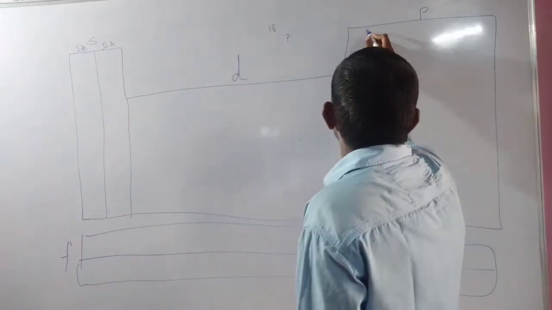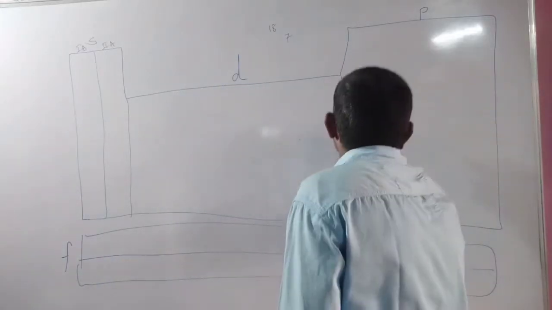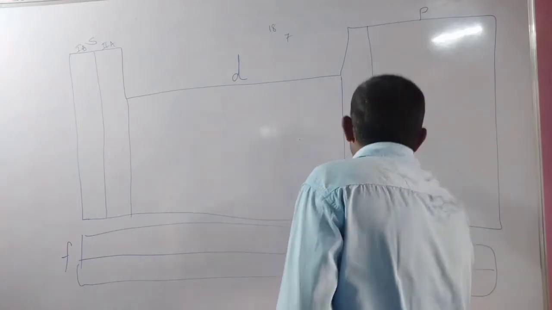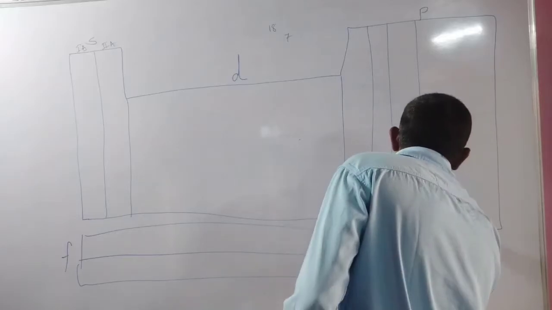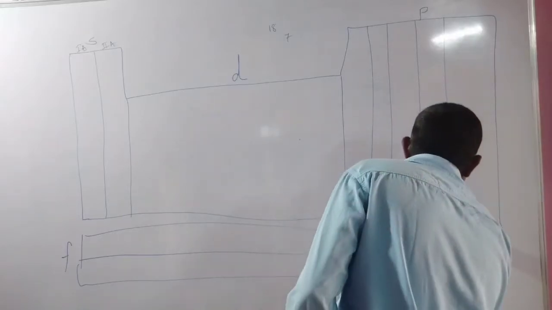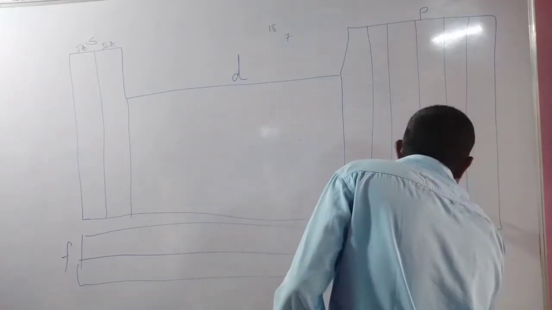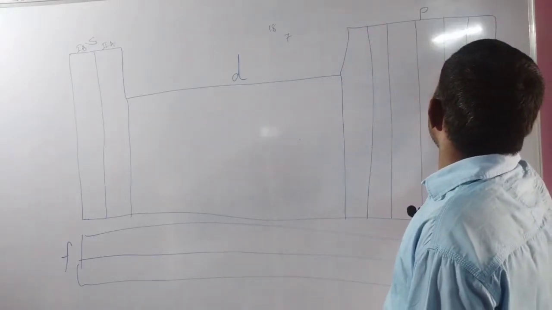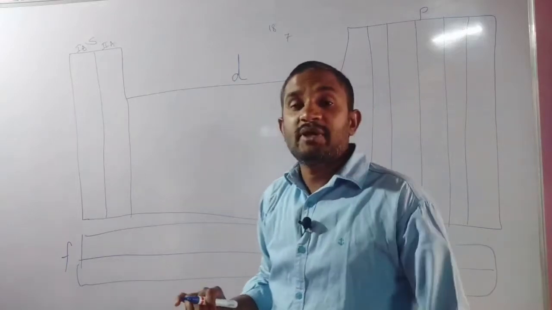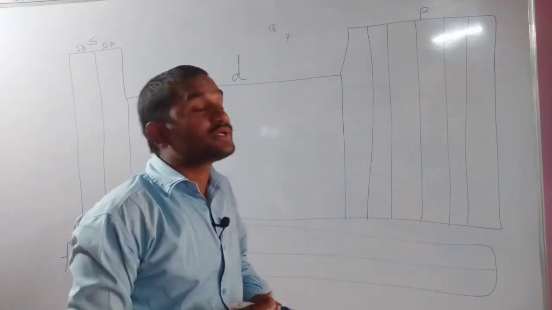The P block consists of how many groups? 6 groups are there: 1, 2, 3, 4, 5 and 6. In the P block, 6 groups are there.